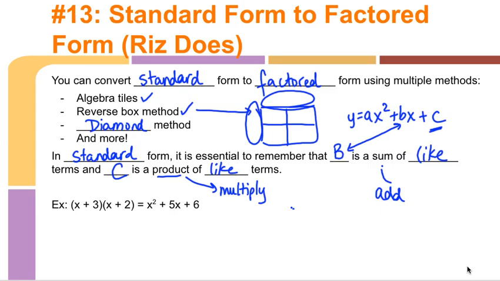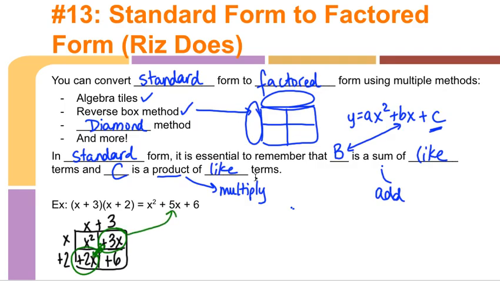So what we learned last week is that you could multiply x plus 3 and x plus 2, and if you want to use the box method, you could do it like this. X plus 3, x plus 2, you end up with x squared plus 3x plus 2x plus 6, okay? Now what you'll notice here is that you have two like terms, 3x and 2x. So 3x and 2x, when you add them, you get 5x.